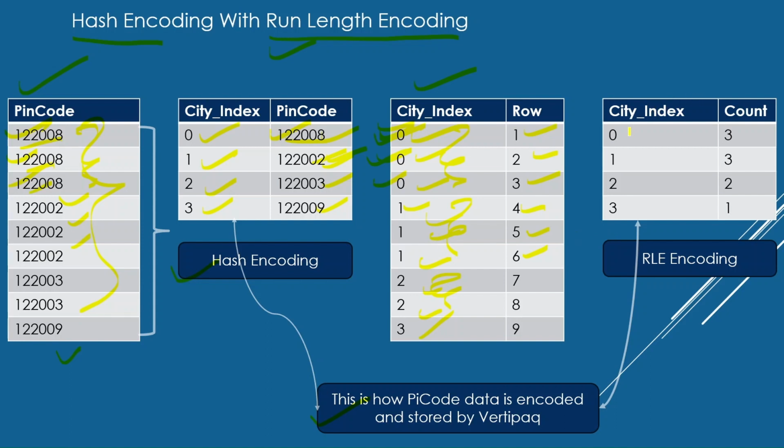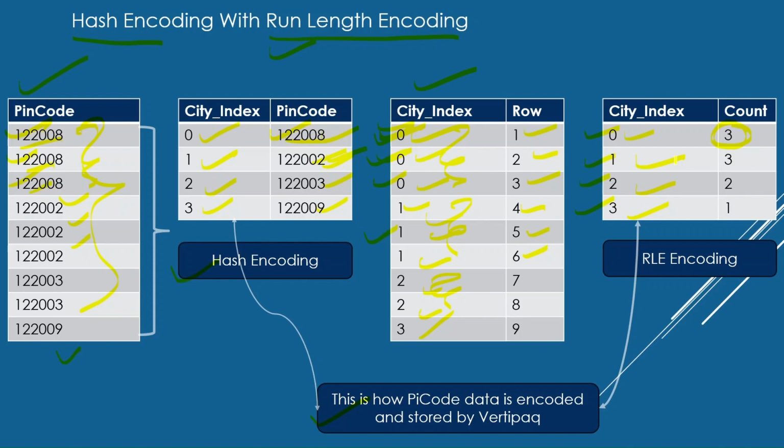It will give one row for each unique value. So 0, 1, 2 and 3 are the unique values present in this table. And another column would be the total number of times it is present. So 0 is the unique value. How many duplicates are present in this table? 3 duplicates of 0 are present. Same for 1, same for 2, same for 3.